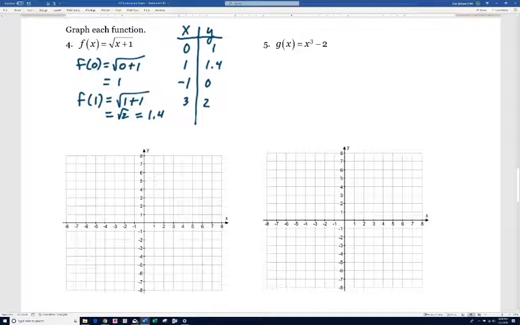So let's go ahead and plot these points on the graph. And in fact, the graph would look like this. Notice there's nothing left of that point on the left, negative 1, 0. In fact, if you plug in a negative 2, for example, or any other number to the left of that point, any x value, you would be taking the square root of a negative number, which is not a real number.